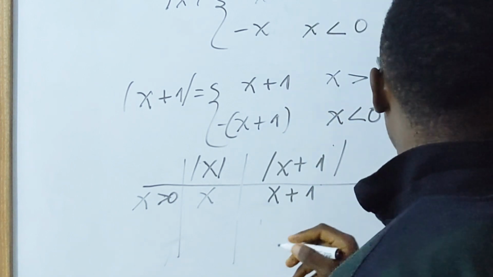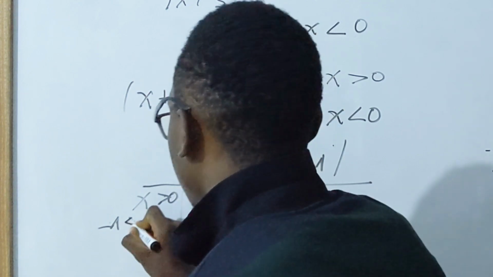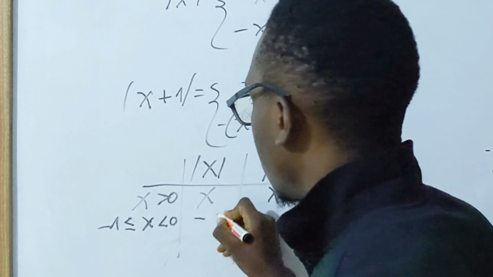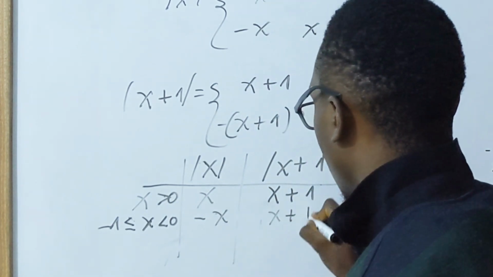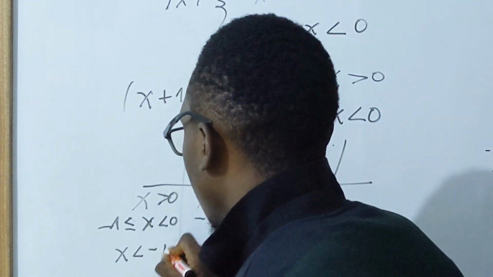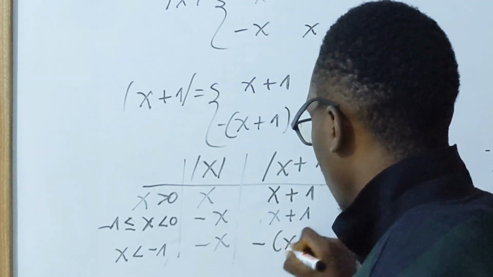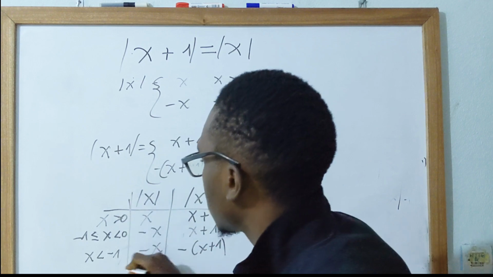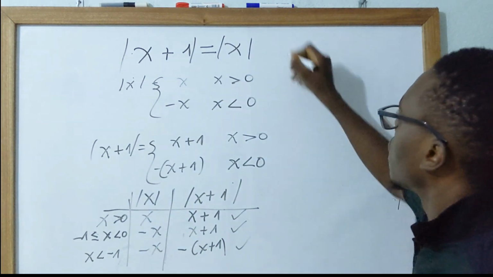Now, if x is between negative 1, less than or equal to x, which is less than 0, we are going to be having minus x here, and x plus 1 here. On the other side, if x is less than negative 1, we are going to be having minus x here, and on this other side, negative of x plus 1. That's what you're going to be having. And you're going to solve for x in these different varieties of question.